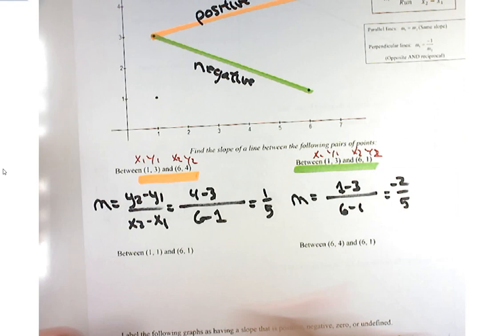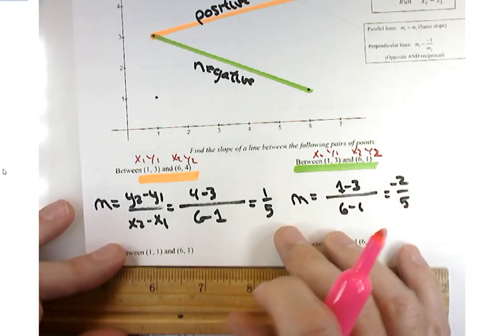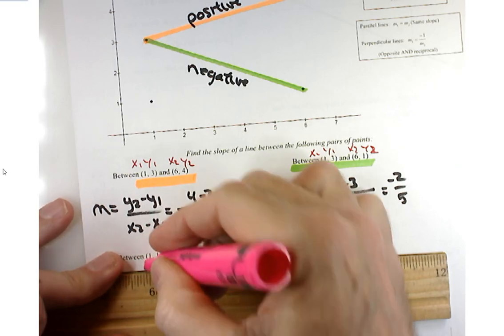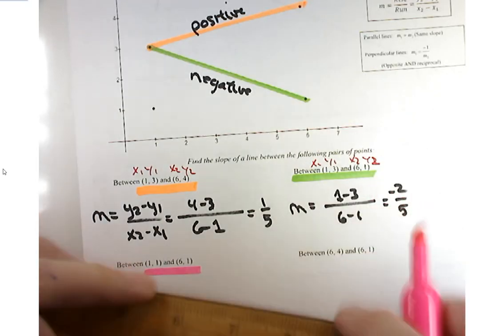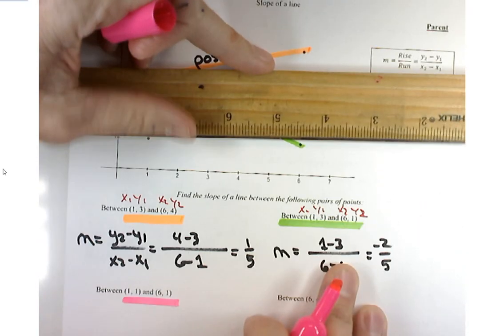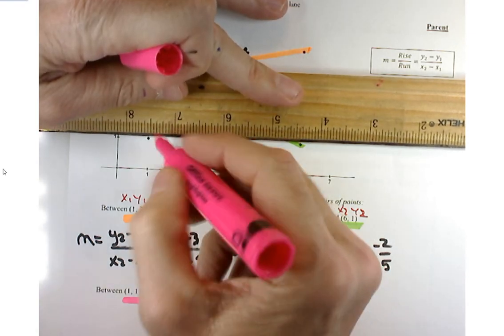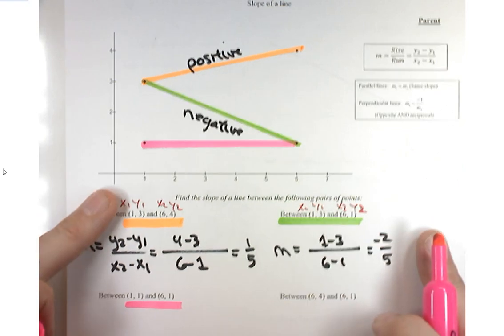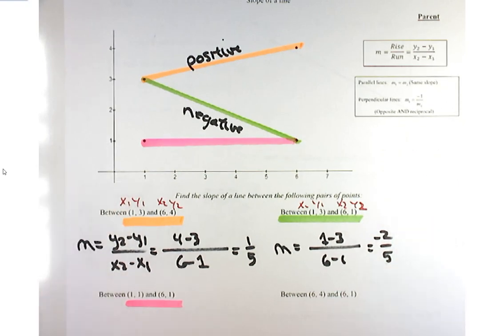This next one is going to be the slope of a line between these 2 points, (1, 1) and (6, 1). So that's going to be these 2 points right here. Now, a guess: is there a lot of slope between these 2 points?